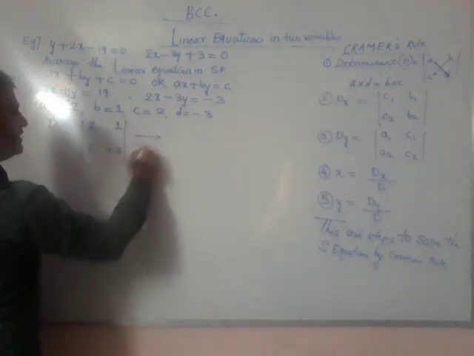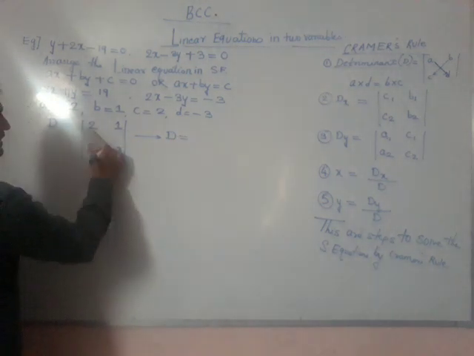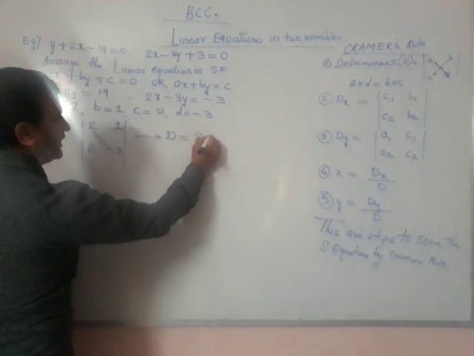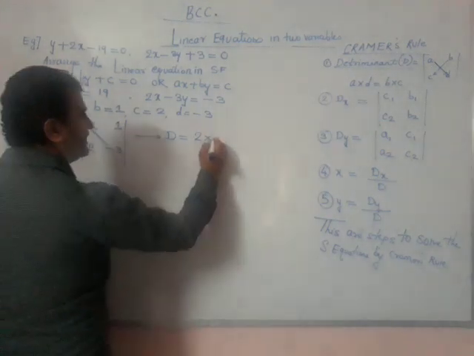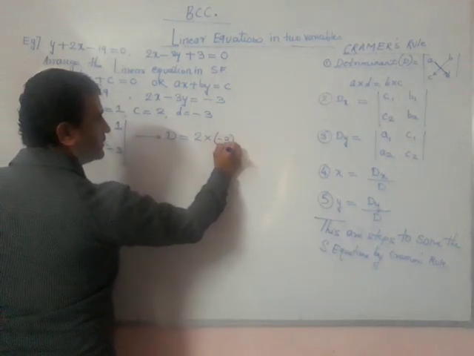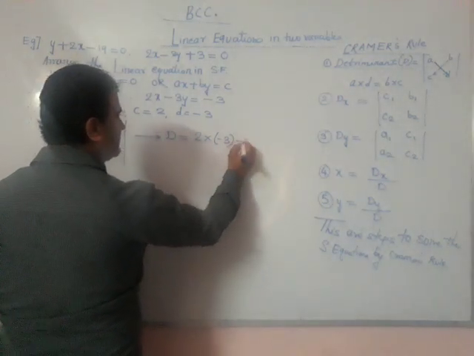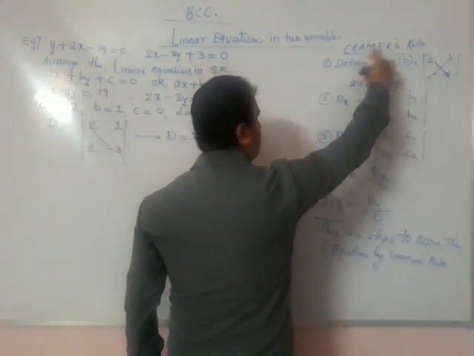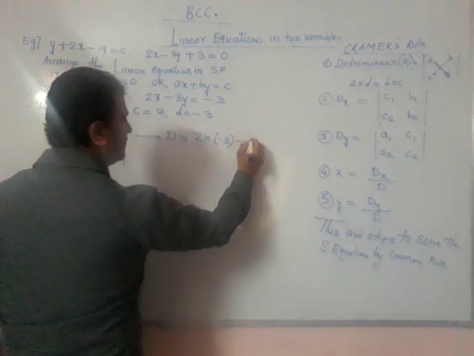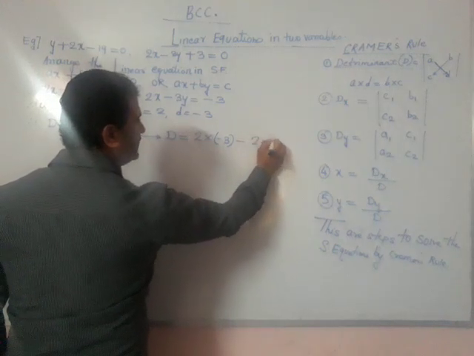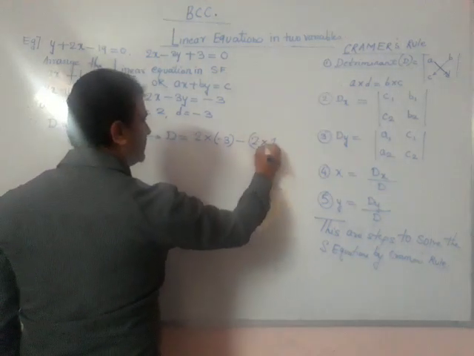Yes, this will give me D. So D is equal to cross multiply: 2 into minus 3, and minus, 2 into 1, in the bracket.